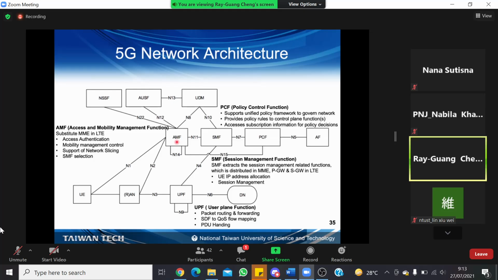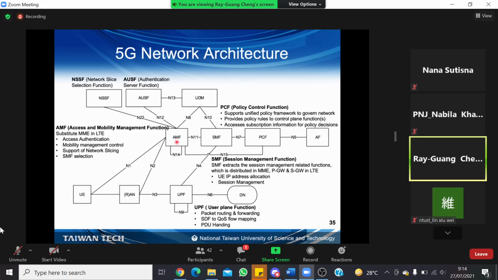PCF is similar to the PCRF we mentioned before, so they changed the name. NSSF is the network slice selection function. It's used to support the network slicing function, which is quite important in 5G, and which is not supported in 4G. So this is a new function.